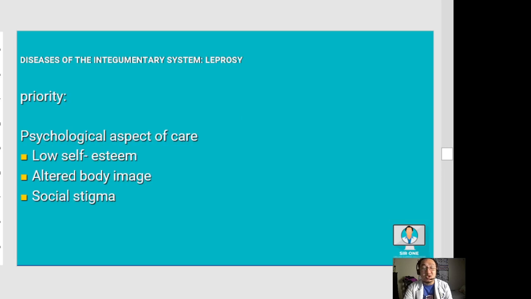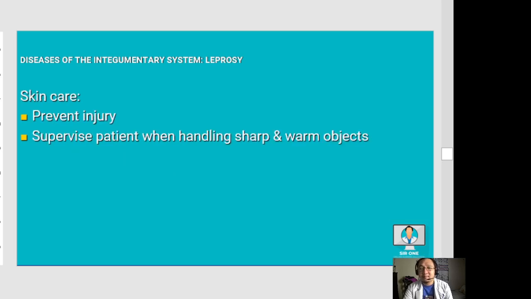Then some additional management aside from really medications, psychological aspect of care, because patient may have low self-esteem, altered body image as seen on the pictures, and the social stigma that I was mentioning. Then we have skin care and prevent injuries, supervise patient with handling sharp and warm objects because they have loss of sensation.